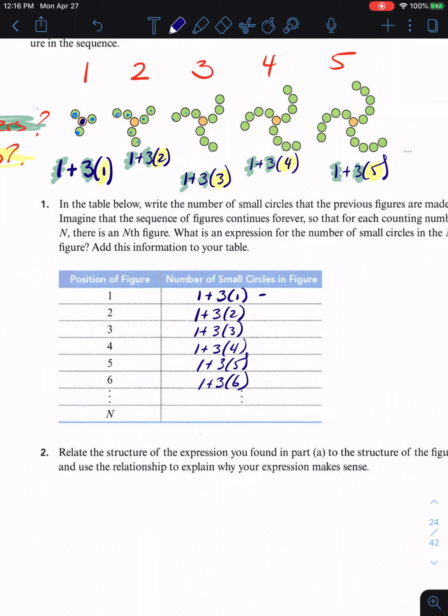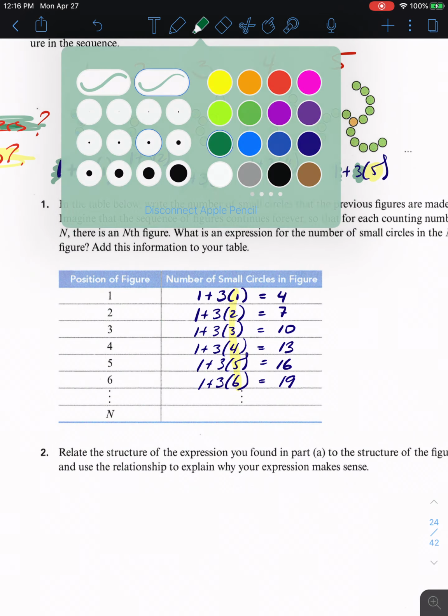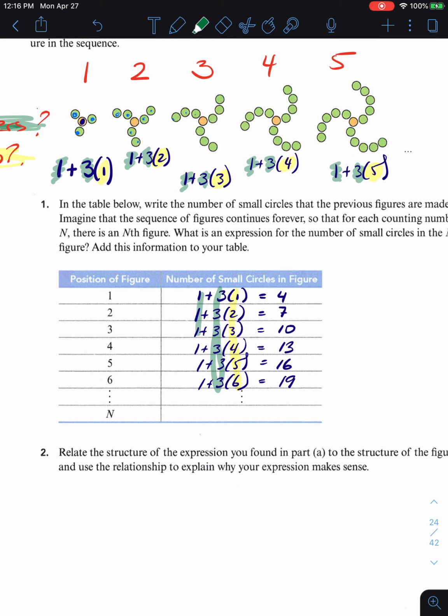I could write out the numbers: 4 and 7 and 10 and 13 and 16 and 19. I could. And I could say, well, what is the pattern for these numbers? But that pattern is hiding. When we look at the structure of how we figure those out, the pattern becomes this pattern that we were looking at before. The parameters and the variable become clear.